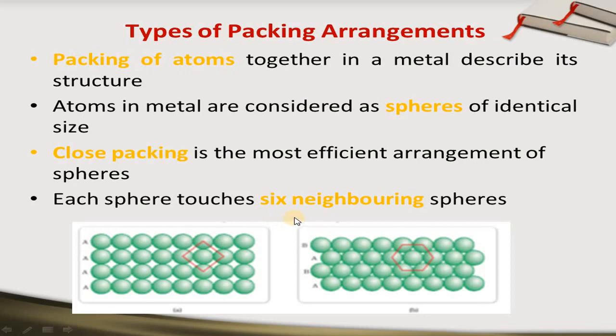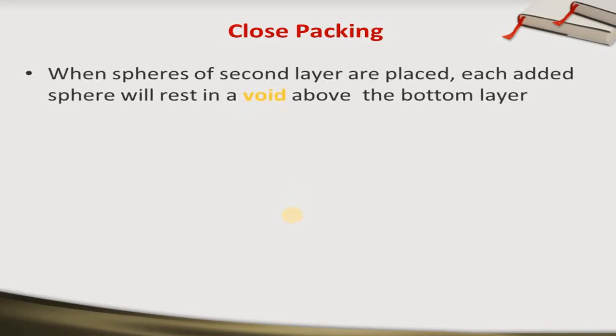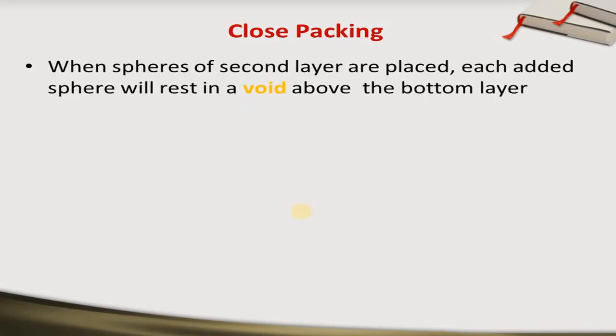In closed packing, further we have different arrangements. If we want to place the second layer of spheres above the first layer, each sphere will be added in a space created by the first layer. What is the meaning of this void? Void is the space.